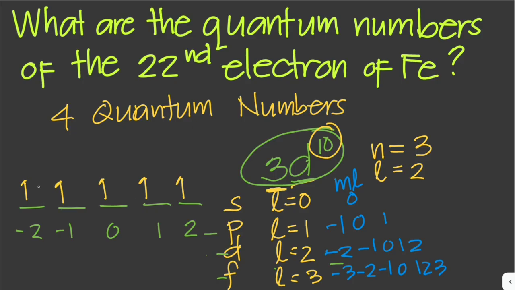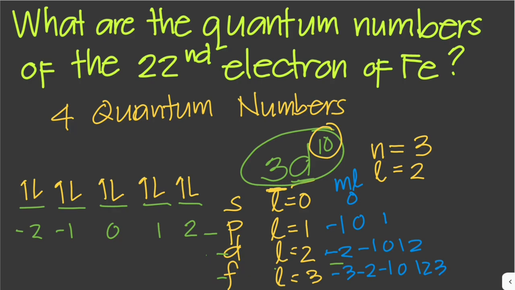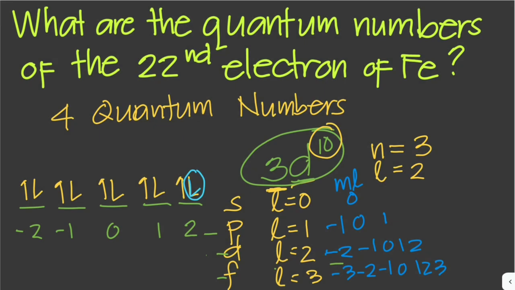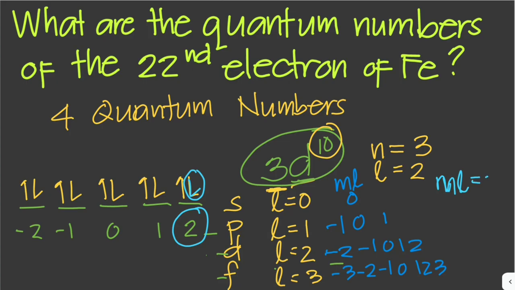So that is 1, 2, 3, 4, 5, 6, 7, 8, 9, 10. So we fill in everything. Now we've already filled in all the orbitals with 10 electrons, and then we stopped here. So this is the last electron that we filled in, and it landed on the 2 orbital. Therefore, the value of ML here is equal to 2.